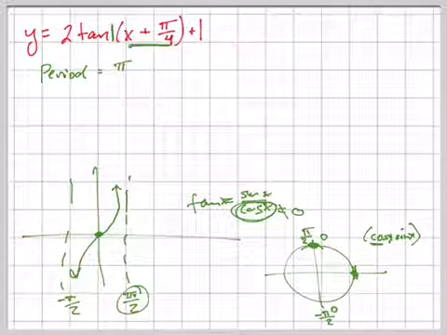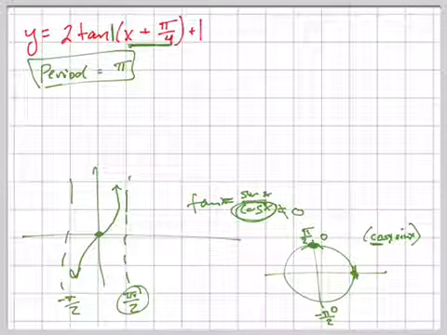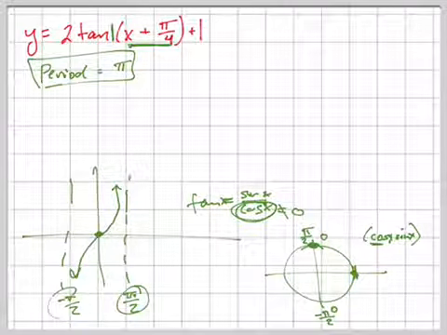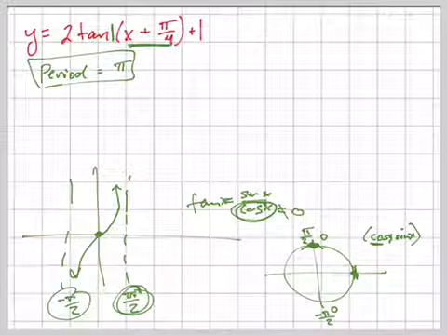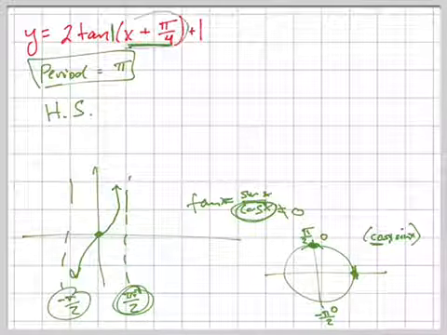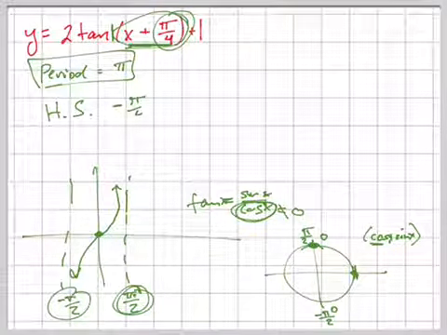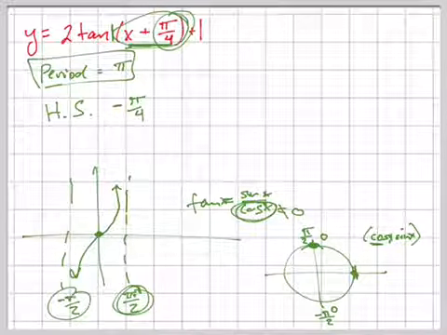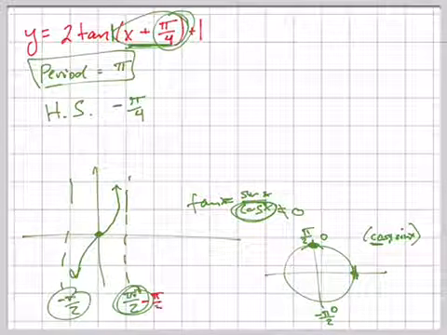But when you shift it, your first step is to find the period. Since my period is still pi, that's good. That means I'm going to be centered at pi over 2 and negative pi over 2. But now I have to figure out what the shift is, the phase shift or the horizontal shift. The horizontal shift has to do with this number right here, and it's negative pi over 4. So all of these asymptotes, I'm going to subtract pi over 4 from them.